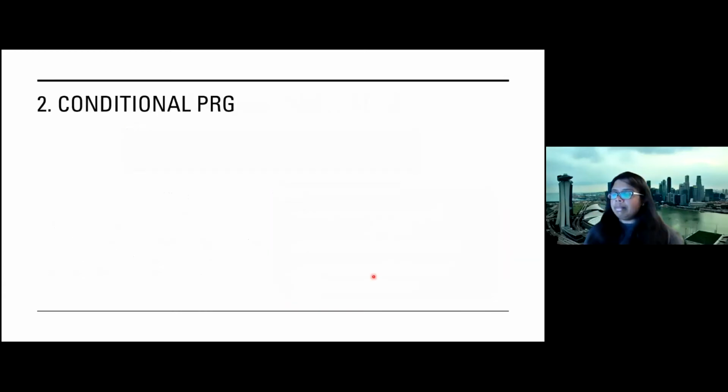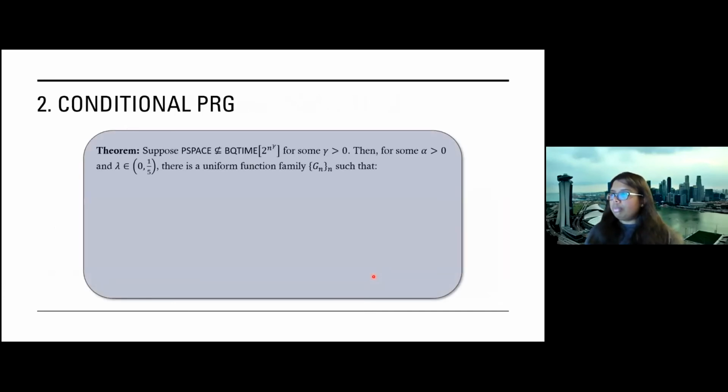The second step is the conditional PRG. The formal statement says that let's assume PSPACE is hard for some sub-exponential time quantum time class, so 2 to the n to the gamma in this case. Then for some constants alpha and lambda, there is this uniform function family, which will be my generator family, such that the following conditions are satisfied.